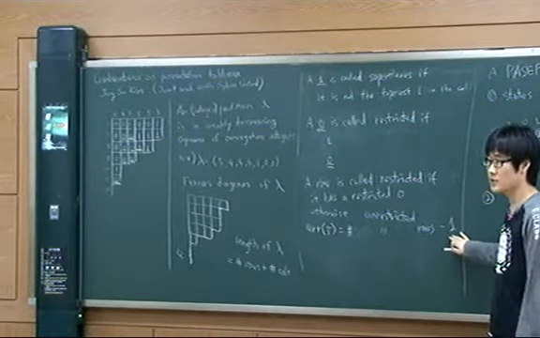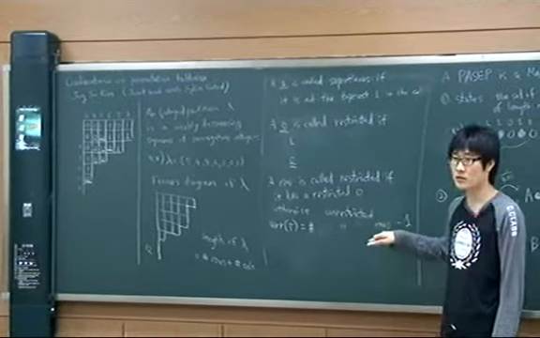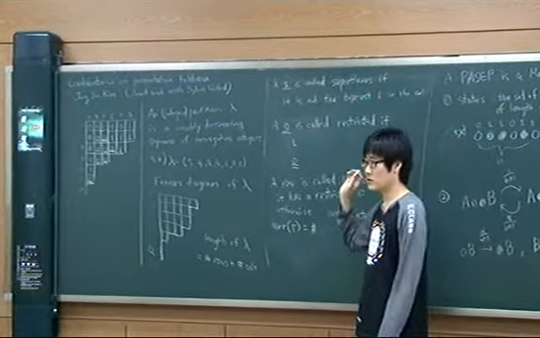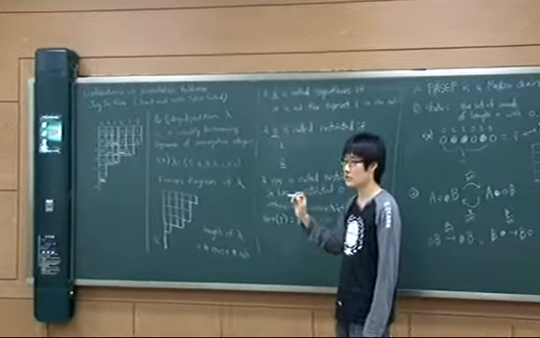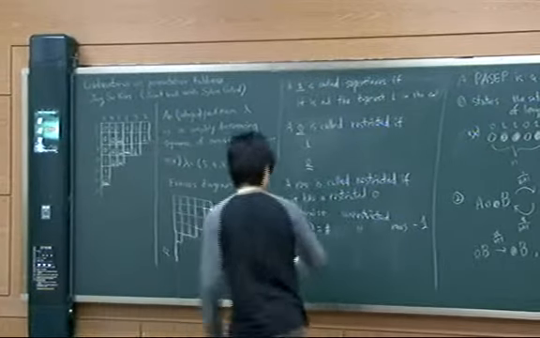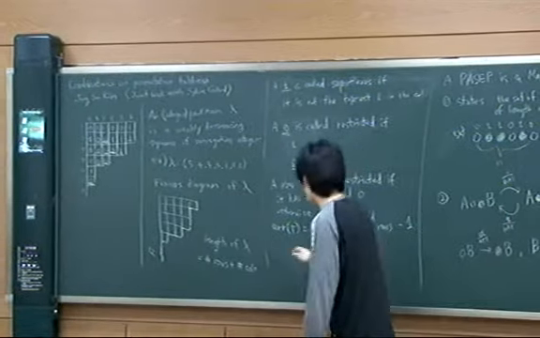We subtract 1 because we don't want to consider the first row. The first row is always unrestricted.